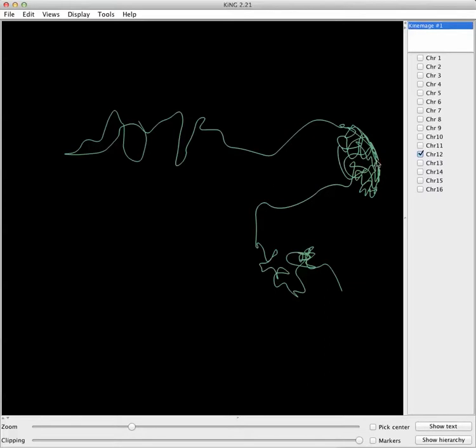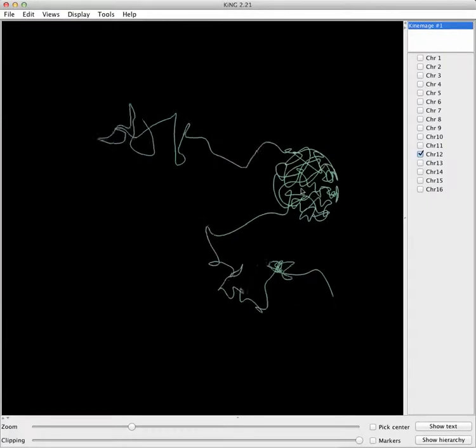Now, if this sort of structure occurred in several different places in the nucleus of yeast, you'd say, oh, well, that's just the way that those things do happen. But it doesn't. And so chromosome 12 is the only one where there is this clump.